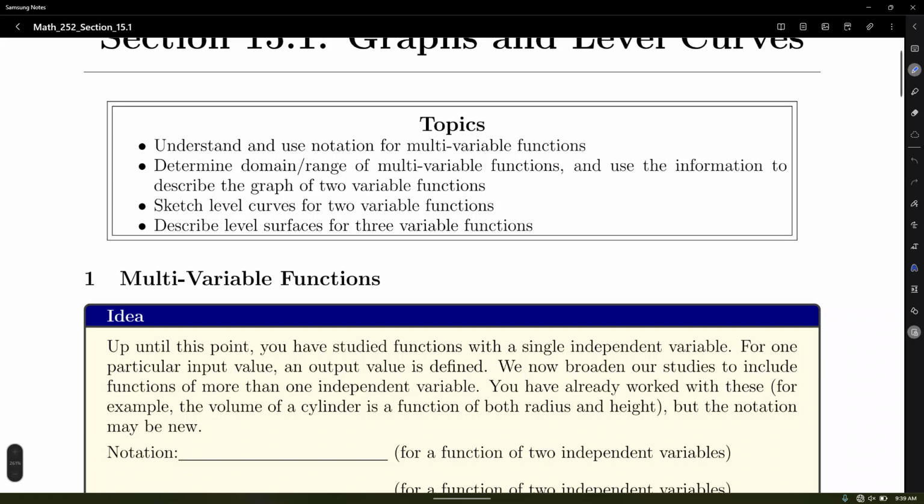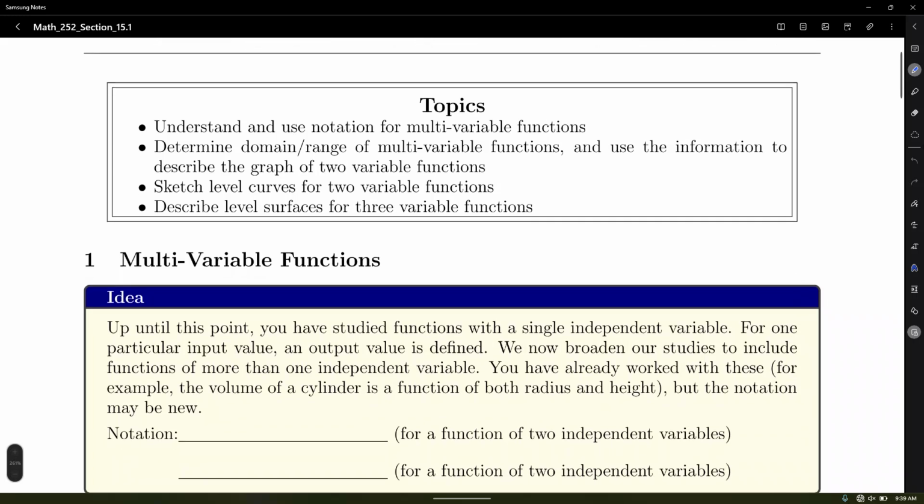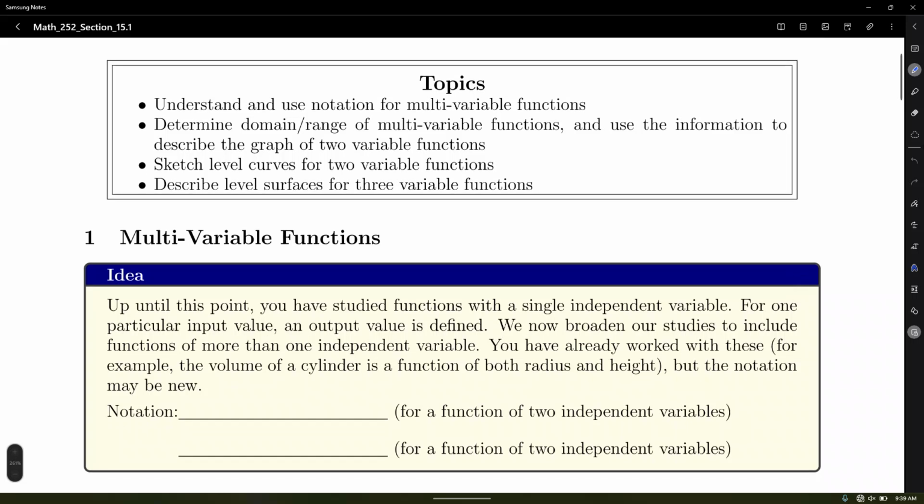We will sketch level curves for two variable functions, and we will sketch the level curves and describe the level surfaces for three variable functions. Of course, we're not going to look at four variables. That's hard or impossible to visualize, at least as of now. All right? Okay, so multivariable functions.